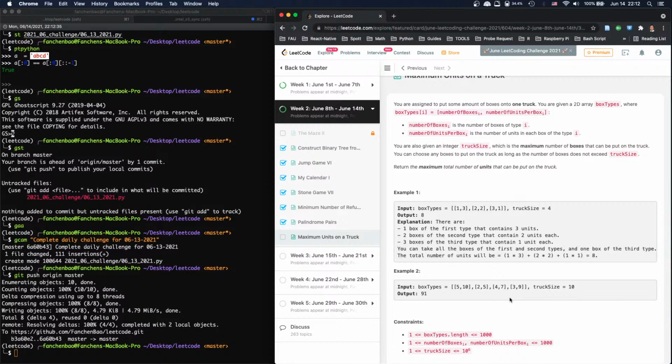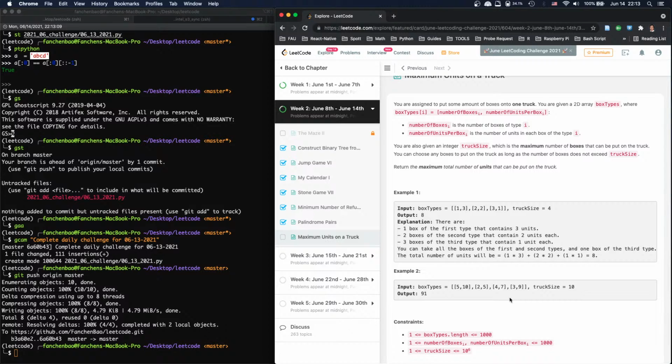We need a way to represent the state of the remaining boxes of each type. Is there a good way? I mean, box type is 1000, so we need a way to do 1000.